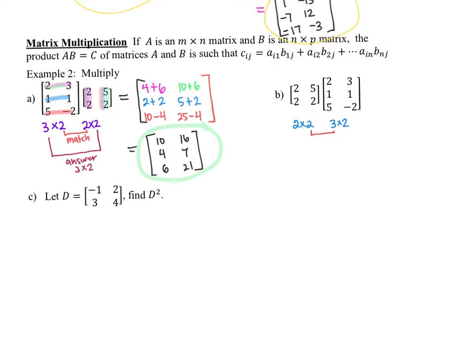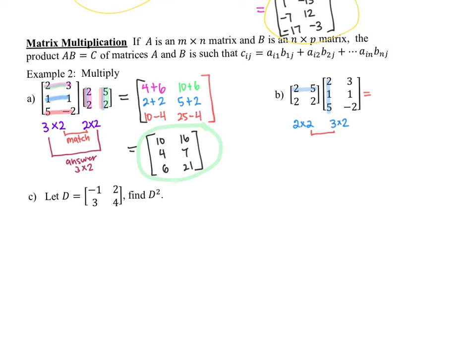I'm going to try to multiply it so I can show you that if you try to do it, which is what I would do, it's automatically going to fail. Okay, so if I do the first row times the first column, 2 times 2 is 4, 5 times 1 is 5, and then there's nothing left to match up with that third element because you're doing 2 elements with 3 elements, so it won't work.